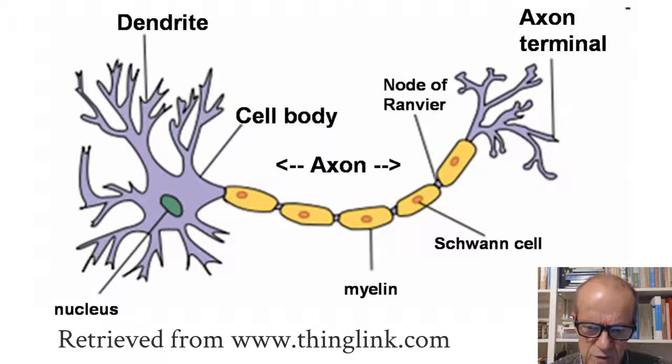The axon terminals, basically. As you can see, this axon has a sheath of myelin, a sort of fat sheath, which isolates the axon.